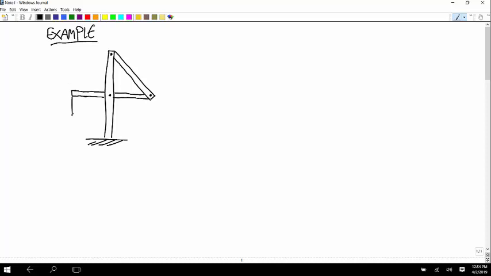And let's say we have a downward force here of 500 newtons. Say a horizontal force here of 500 newtons. And say those are each a meter. Say those are a meter too.